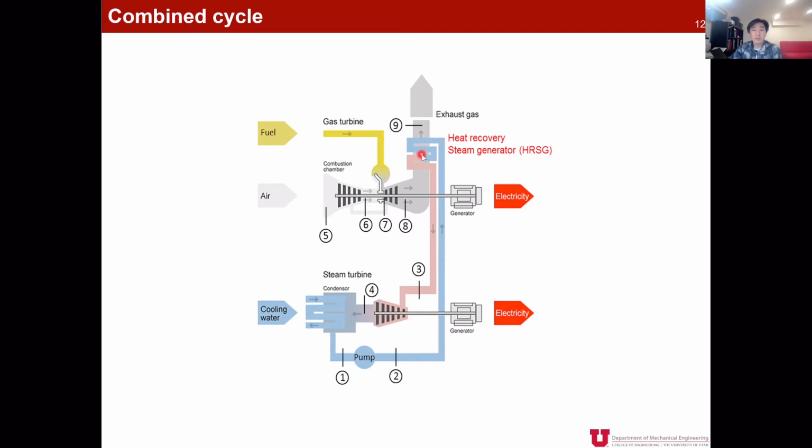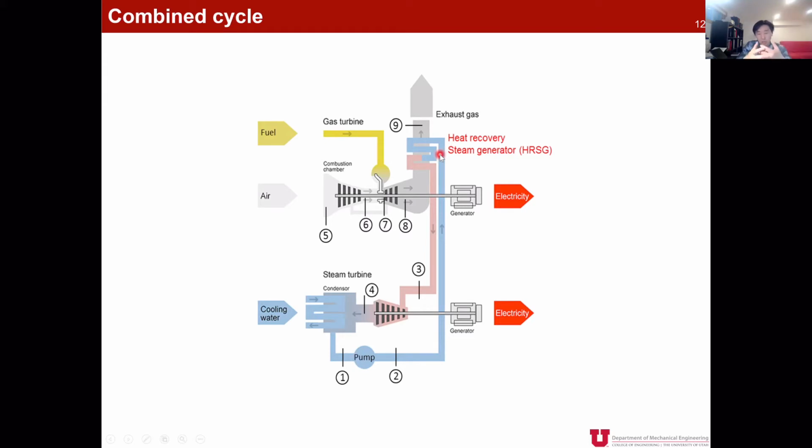Then the steam flows to the steam turbine to generate power. And then the steam goes to the condenser, is condensed, and goes back to the pump. So that is how we can combine the gas turbine and the steam power plant.